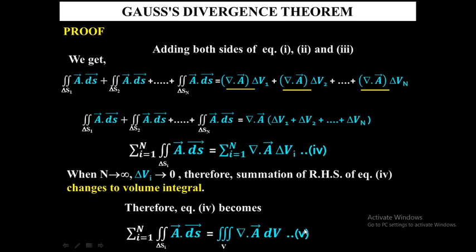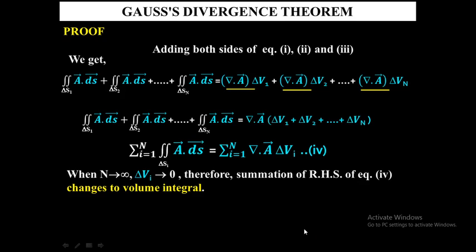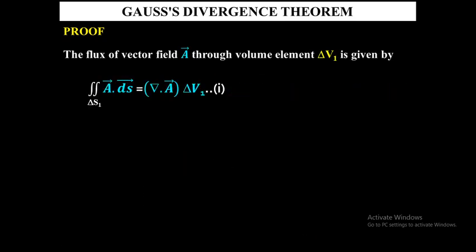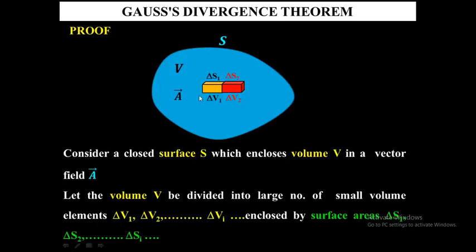Now we consider another condition. Again I am showing a diagram. This is the first volume element, this is the second volume element, and they are connected by this common surface.